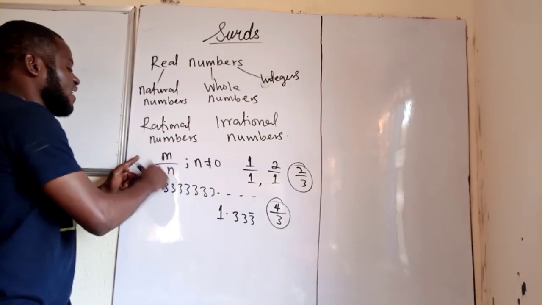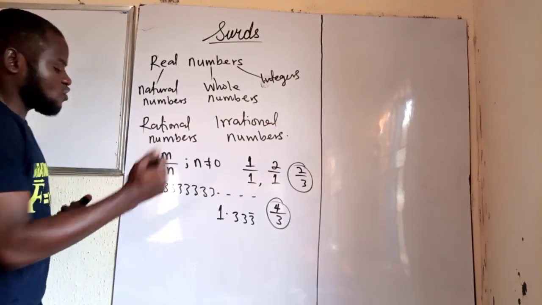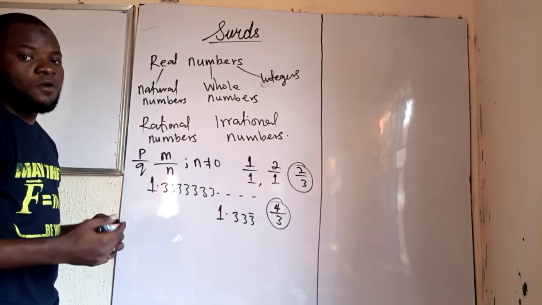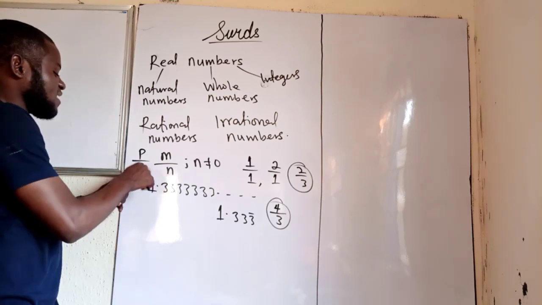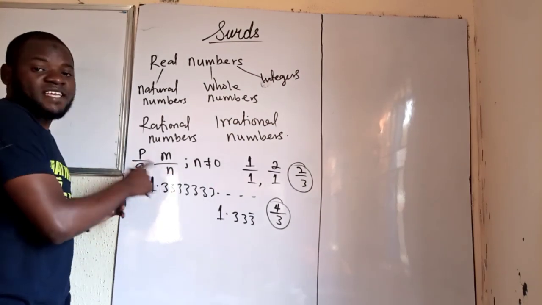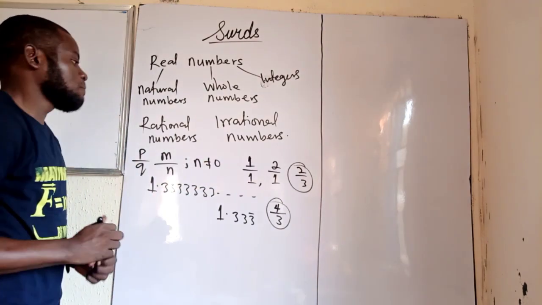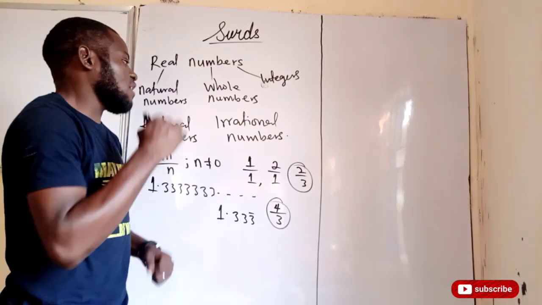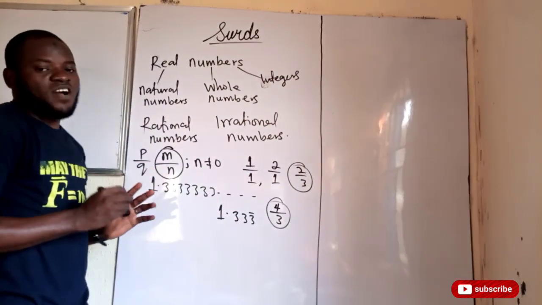Specifically, a rational number is a number that you can express as m over n. Some textbooks will say p over q. Either is correct, provided that the denominator is not a surd and is not 0. Then irrational numbers are those numbers that we cannot express as m over n.